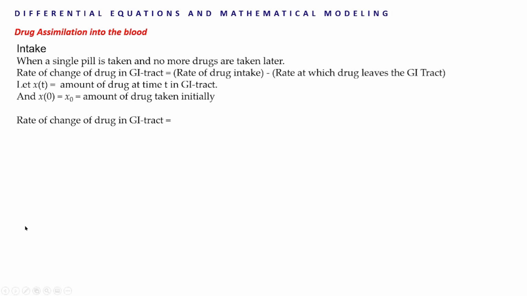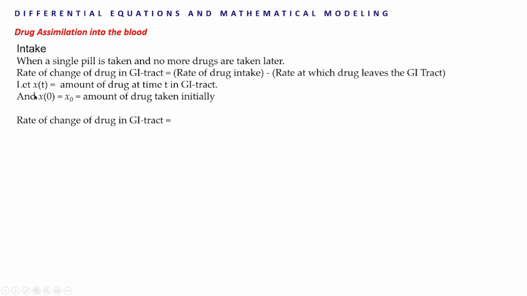And now we will see how we can model this. So intake is when a single pill is taken and no more drugs are taken later. Then the rate of change of drug in the gastrointestinal tract is equal to rate of drug intake minus rate at which the drug leaves the gastrointestinal tract.